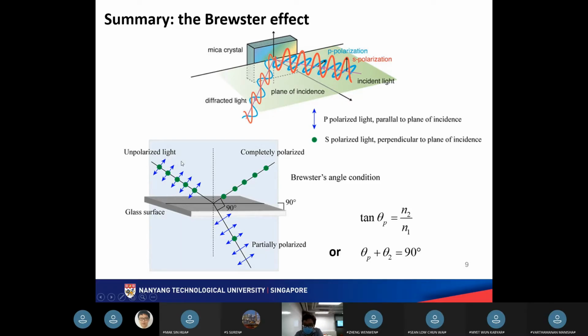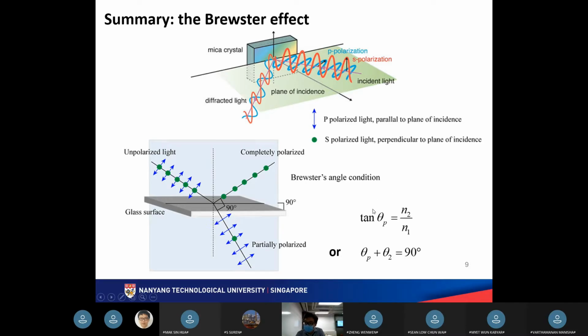Brewster found that if you send the unpolarized light onto the interface at the right angle, then the reflected light will be completely S-polarized. This is the second way for us to get polarized light, upon incidence at the Brewster angle.